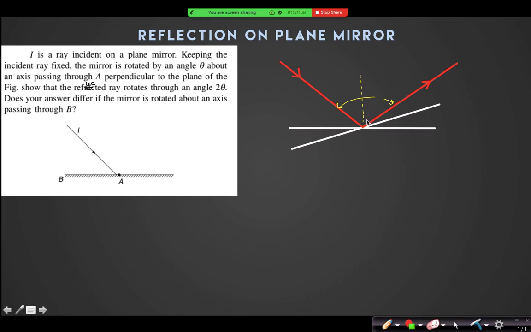Let us assume the angle between them is say 2 alpha or 2 phi. Right? So this is now fixed. This angle will also change after I make this rotation by angle theta.